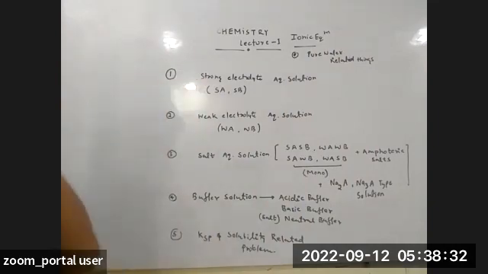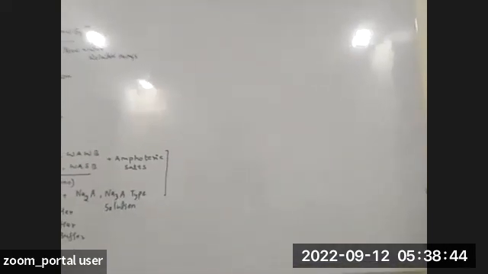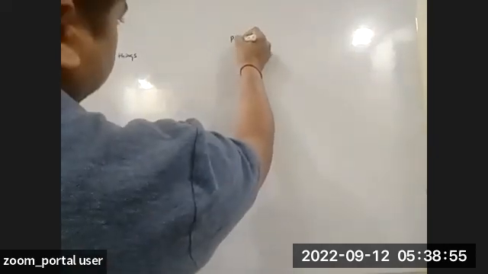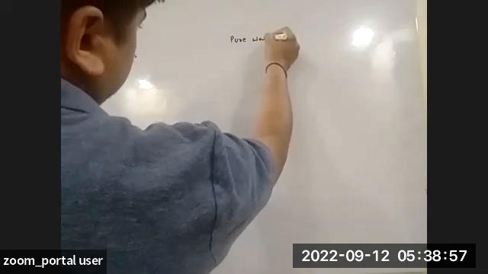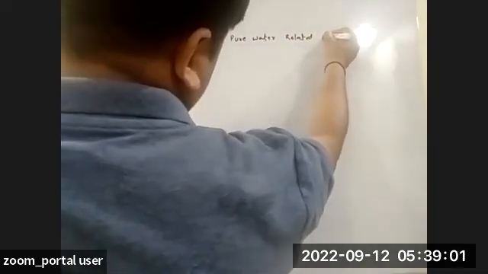You all must be knowing all the properties of water. Now we can discuss. Basically, there are six sections: pure water, strong acid, weak acid, salt, buffer, and Ksp. Now, what we can conclude: pure water related problems.